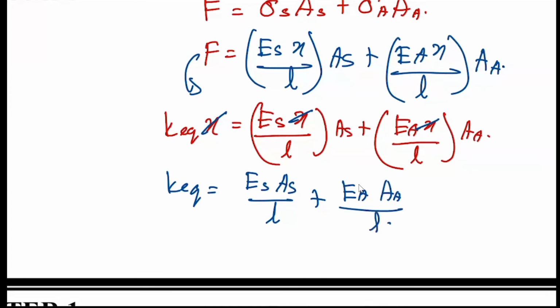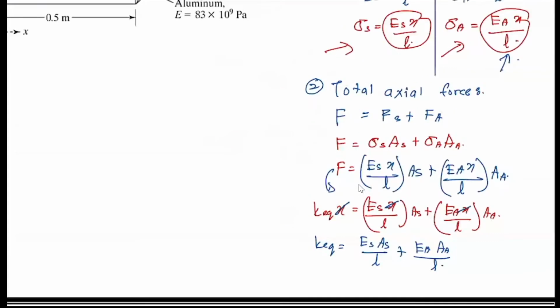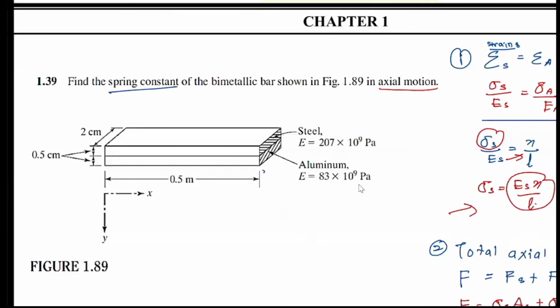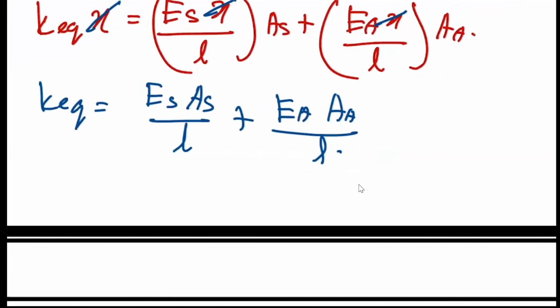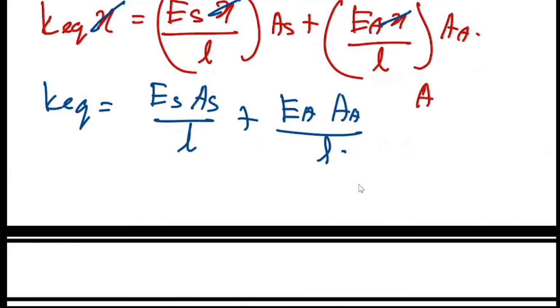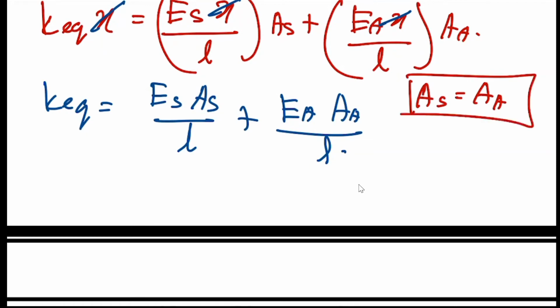All right, understand this? Just to make your life easier, as you can see the length for both materials and also the cross-sectional area for both materials is the same, right? Because their dimensions are exactly identical. So the cross-sectional area for steel and the cross-sectional area for aluminium is basically the same.